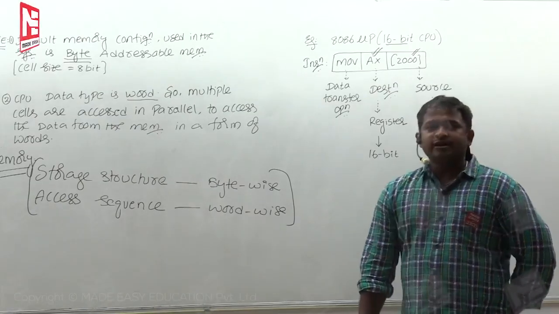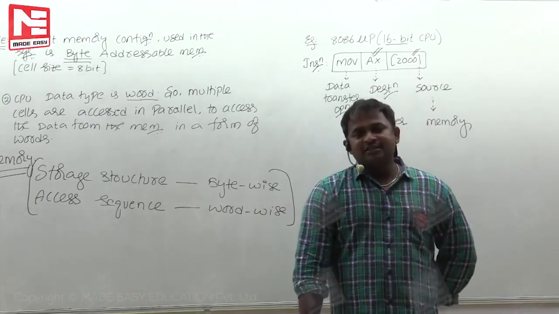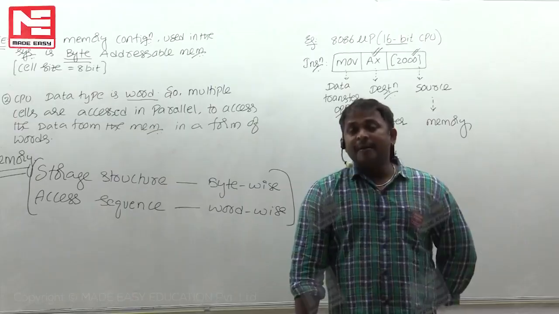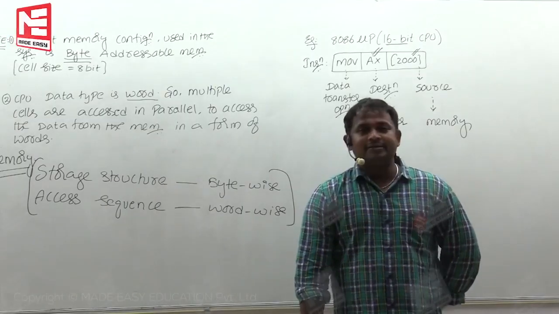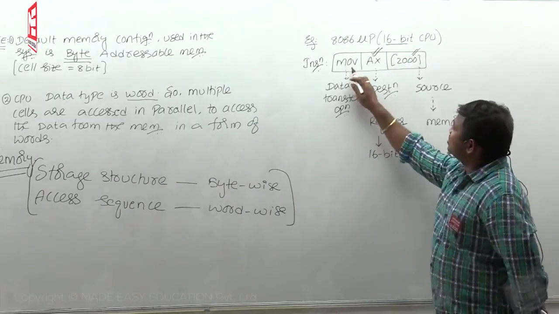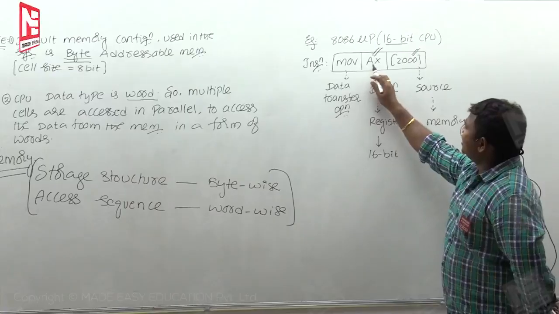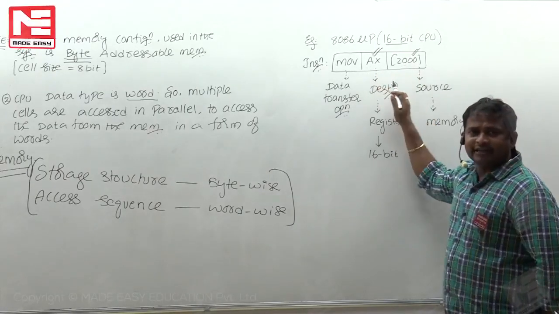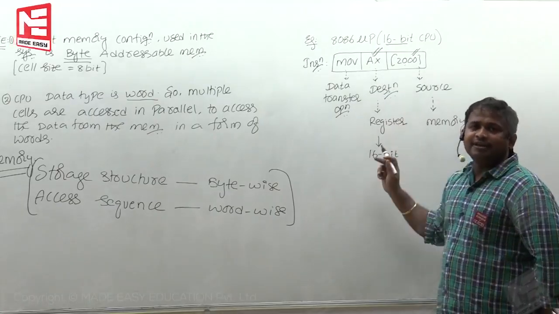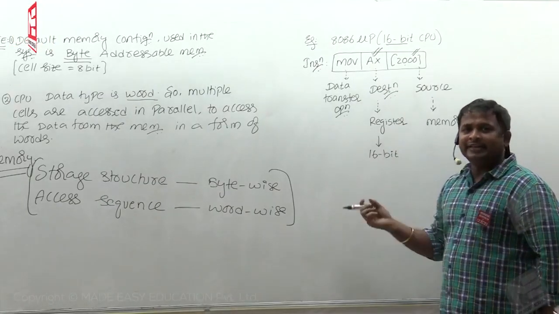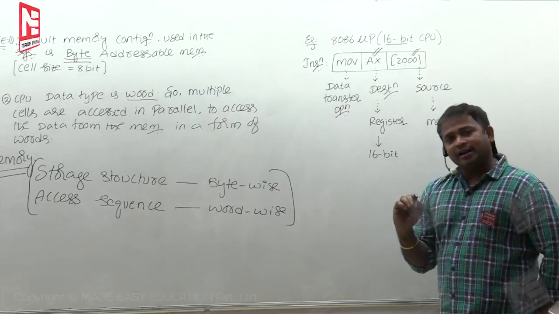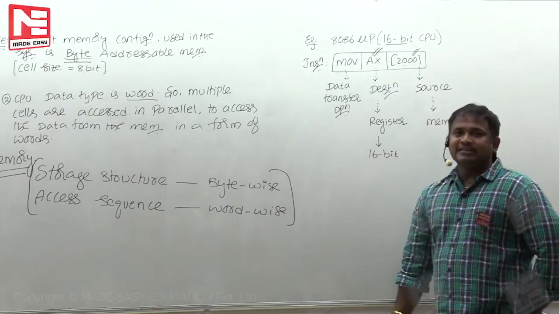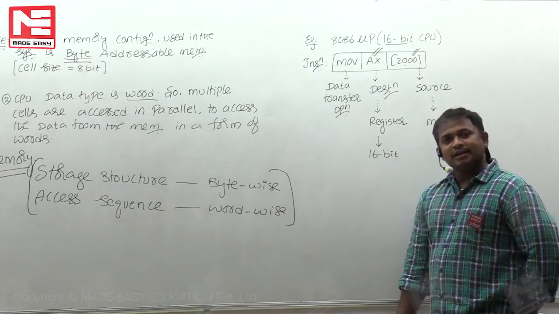So opcodes are referred to with mnemonics, registers are referred to by name, memory is referred to by hexadecimal address. So this is the syntax: first opcode, next destination, next source. In this syntactical structure, information will be maintained in the system so that the user can write the program based on the same syntax. Clear now?